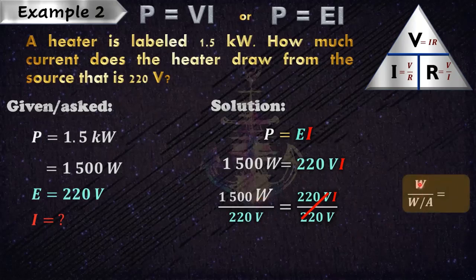Watts over volt is also watt per amp. Watt per ampere, and watts cancel out in the denominator, so that's ampere. Another way to simplify this is to multiply the denominator to the numerator, but always get the reciprocal. So what's left is A. Therefore, get the quotient. 1,500 divided by 220, that is 6.82, and our unit is ampere or amps. That's the final answer.